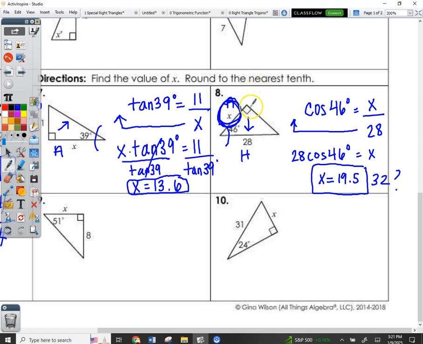Along the way, as we learn stuff, always look back and ask yourself, is my answer possible? So, like with triangles, if they tell you the hypotenuse, then you have some context of, okay, the biggest side's 28. So my answer over here better not be higher than 28. So keep that in the back of your mind.